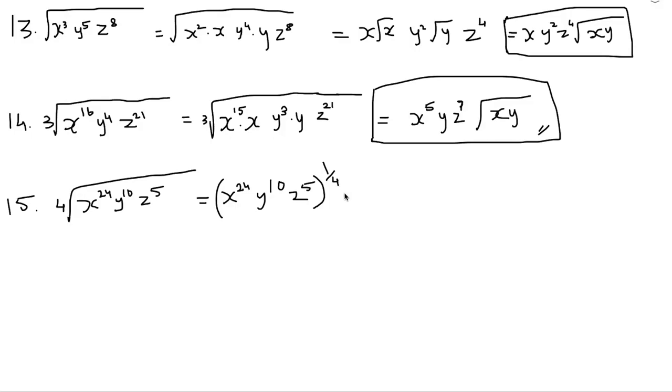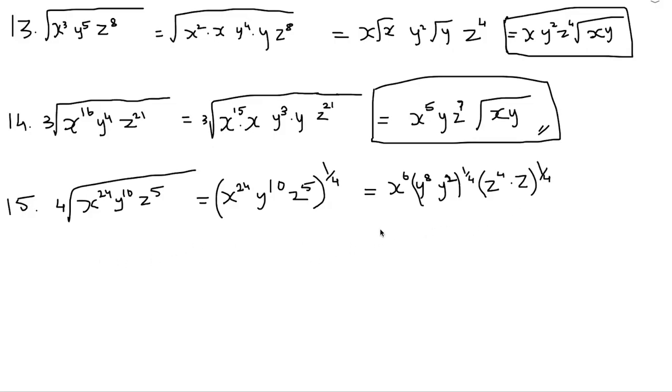And then it becomes x to the power 6, because 24 times 1 by 4 is 6, and y becomes 8 and 2 separated, y to the power 8 times y to the power 2, all to the power 1 by 4, and z separated into z to the power 4 times z to the power 1 by 4.